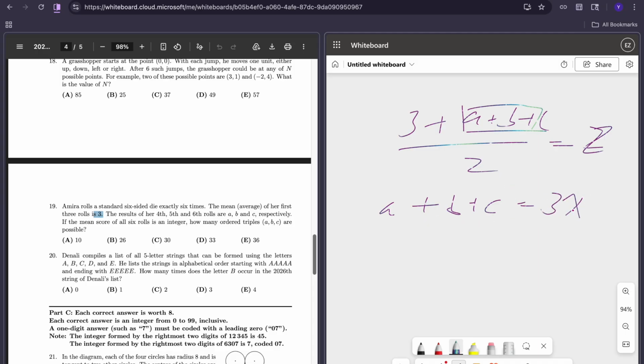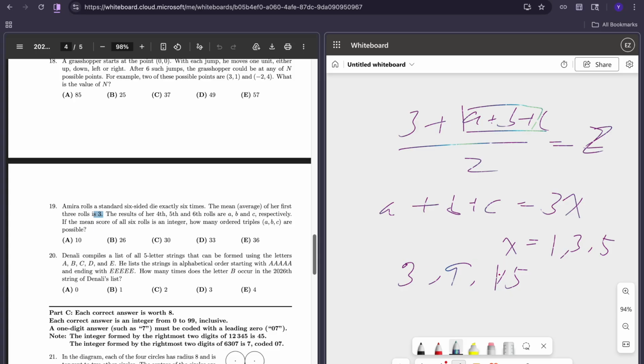Second, it has to be an odd number, since only odd plus odd can be even. So x can be 1, 3, and 5, which is 3, 9, and 15 respectively.